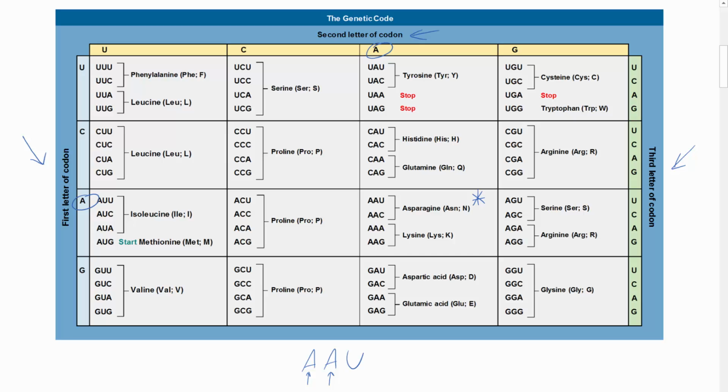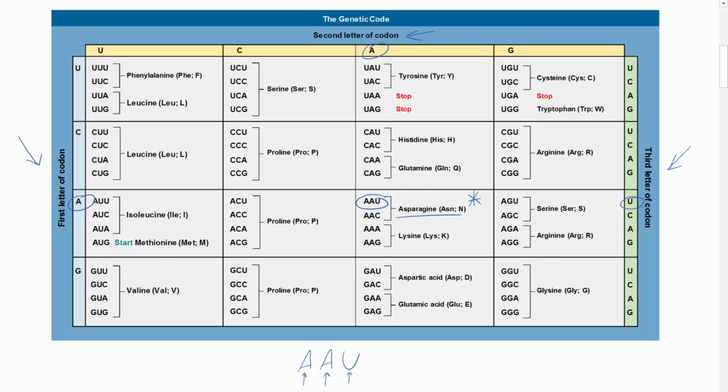Now there's still 2 amino acids in here, so in order to figure out which one AAU codes for, I then have to look for the very third letter, U, on the right hand side of the table here. And that's going to direct me to this code here, AAU. So I now know that AAU codes for asparagine.